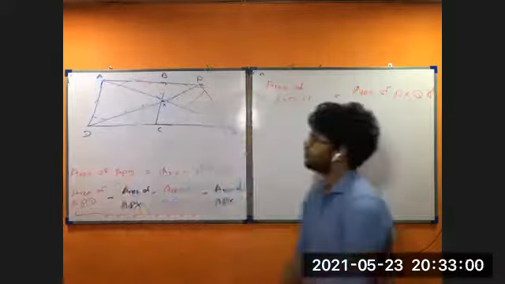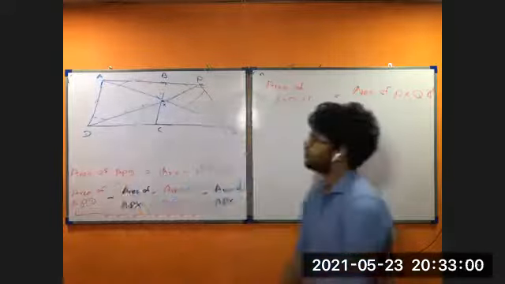Then area of AXD, from the theorem, the same base between the same pair of parallel lines, you can say area of AXD triangle is half the area of ABCD parallelogram.